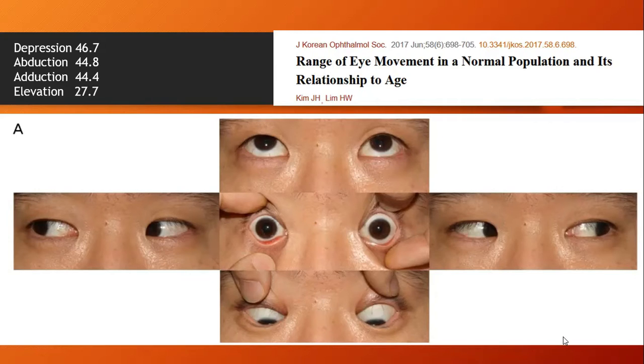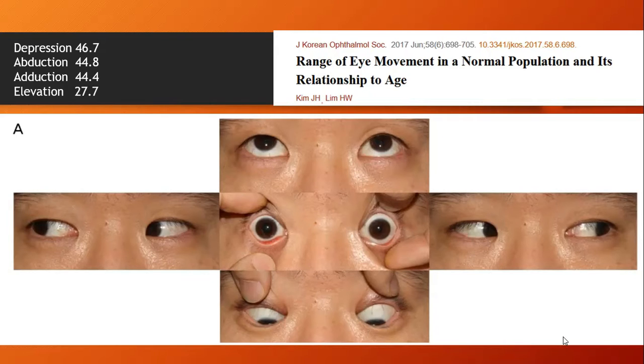I know this is a Korean subject, but even in non-Koreans, normally in adduction, you can't see the nasal limbus. So if you see the nasal limbus during adduction, it means that there is a limitation in the adduction, somehow a decrease in the range of adduction. So once more, normal adduction, you can't see the nasal limbus.